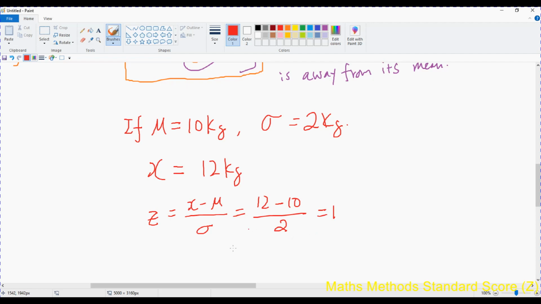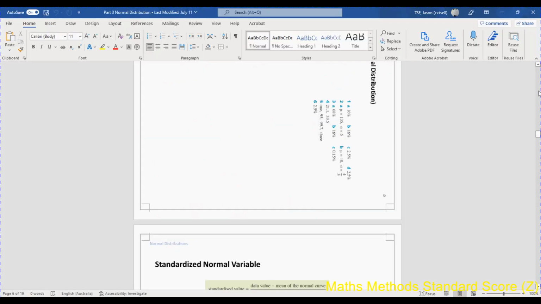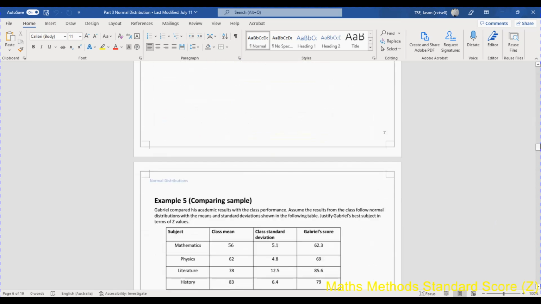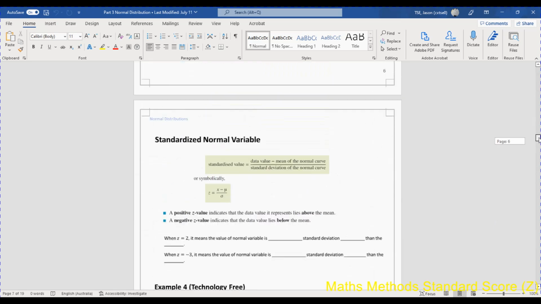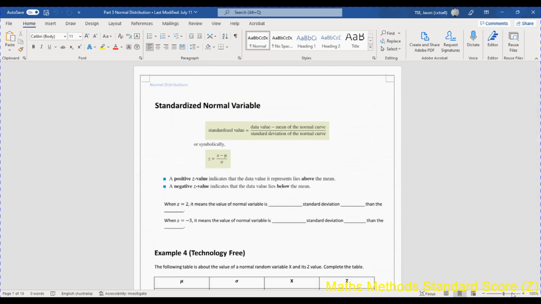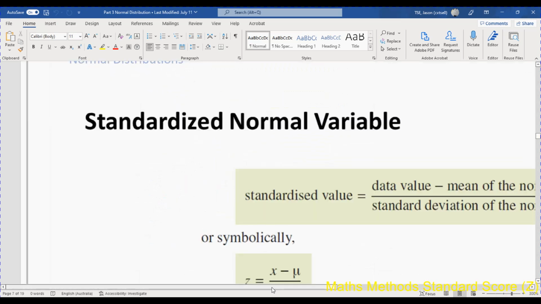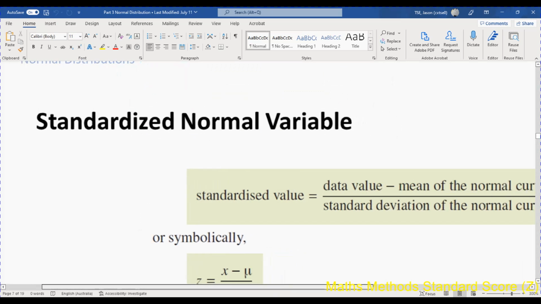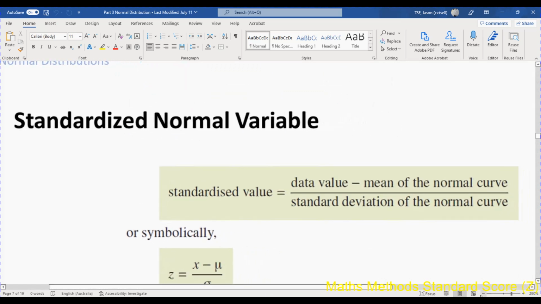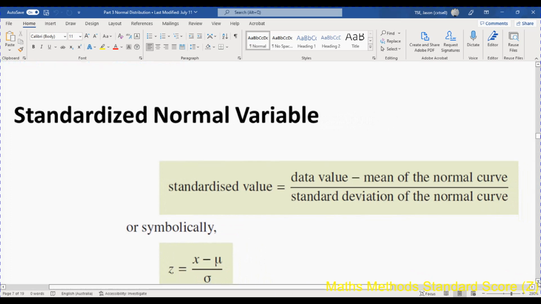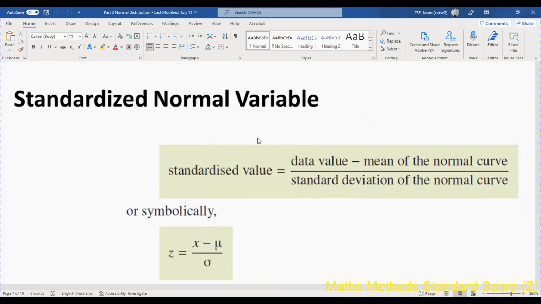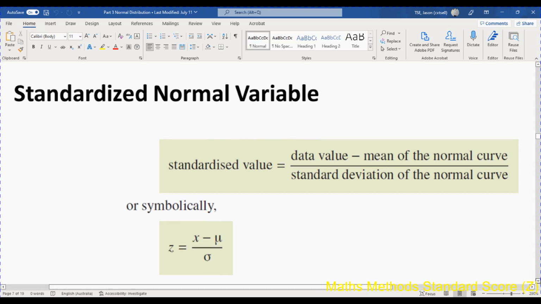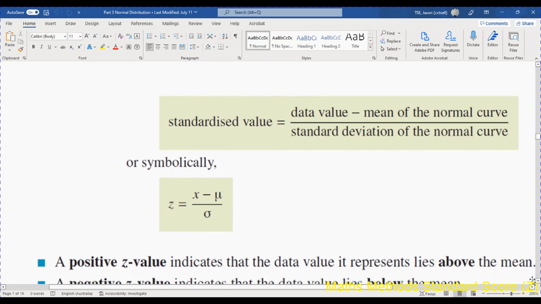So then let's go back to the handouts. So here's your handouts. Let's try to work on the handouts. And okay, standardized value means z. It just means z value. Data value means x minus mean divided by standard deviation of the normal curve. Of course, you must assume that x value belongs to a normal distribution.